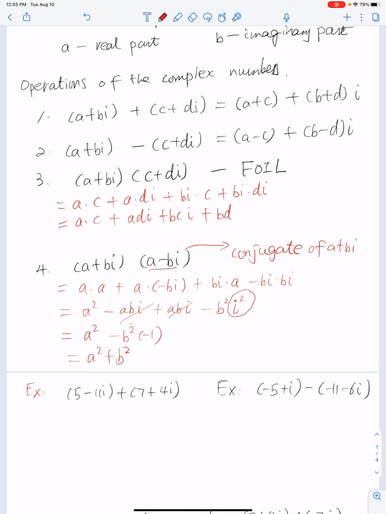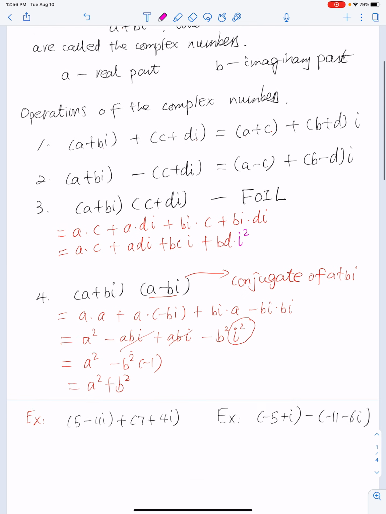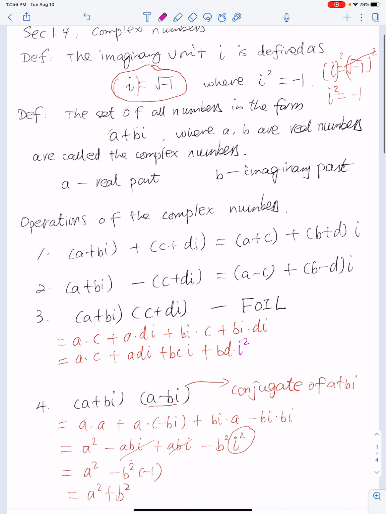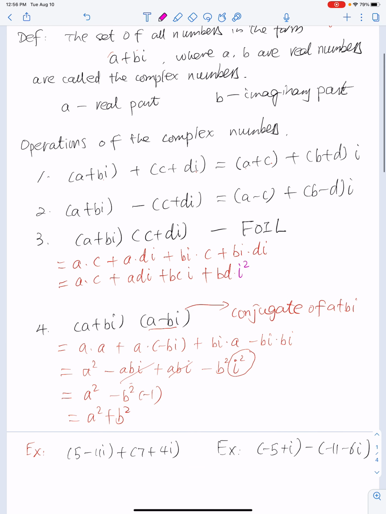What is i times i? This is where you have the common error, okay? It will be i square, not i anymore, okay? And what is i square again? i square equal to what? -1. Yeah, so i square equal to -1 when we learned before. So what do we have? ac plus adi plus bci.